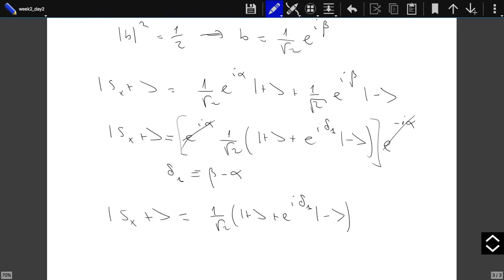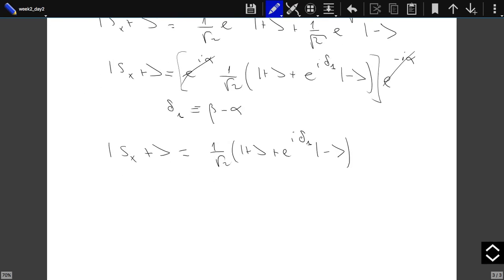And all the arguments that we made up to this point will be exactly the same. So Sx minus state will be 1 over square root of 2 plus, plus e to the power i delta 2 minus. Of course, delta 1 and delta 2 can be different in general, using only the experimental observation.